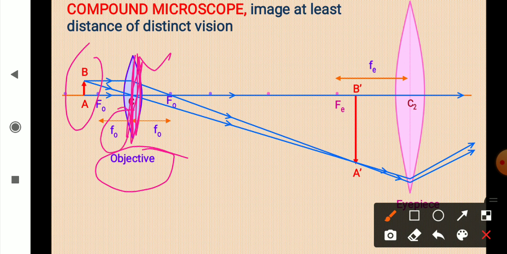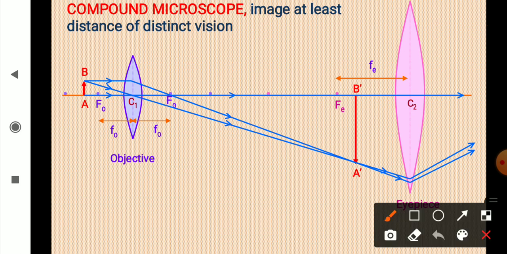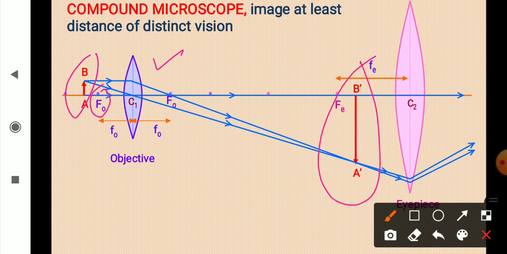And the object is placed just beyond the focus of the objective. So the objective lens will make a real enlarged image as A dash B dash, as you can see, and this image will act as object for this eye lens or eyepiece.